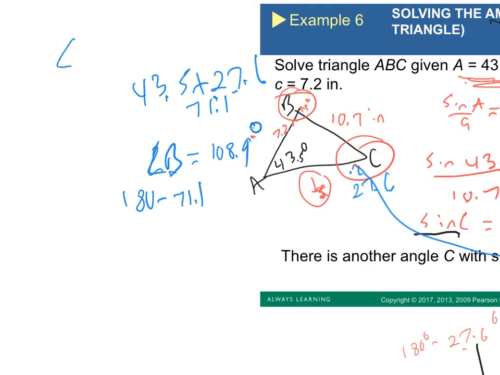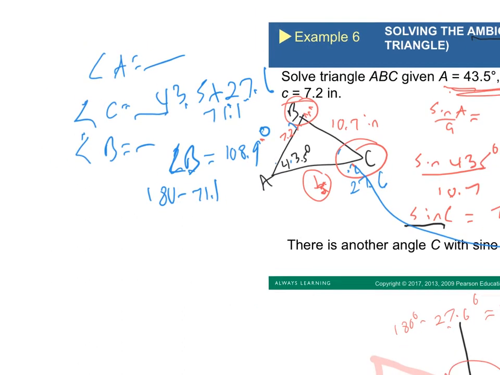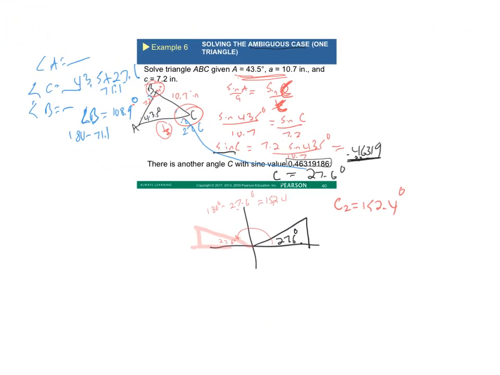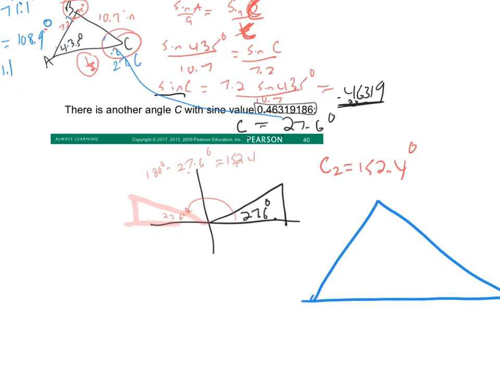So now I got my angle B, and I got my angle C. Angle A was given. Angle C, I just calculated it, and then I used the 180 rule. So I got my angle B. That's perfectly fine. So let's look at triangle 2. I'll just redraw my picture here. I was given angle A, 43.5.